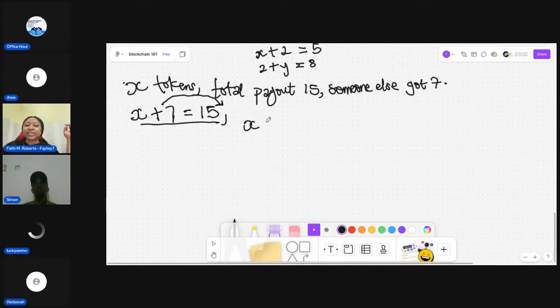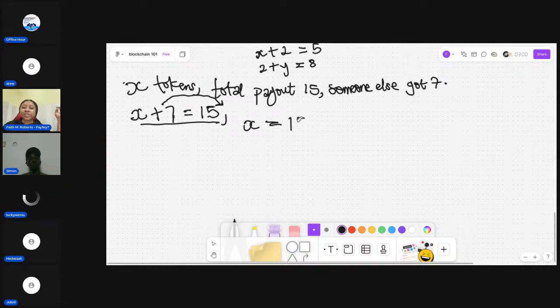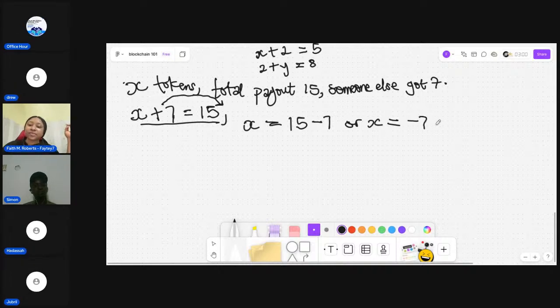And so we say x is equal to 15 minus 7, or x equals minus 7 plus 15. Now, once you have done this valuation, x at this point becomes 8.